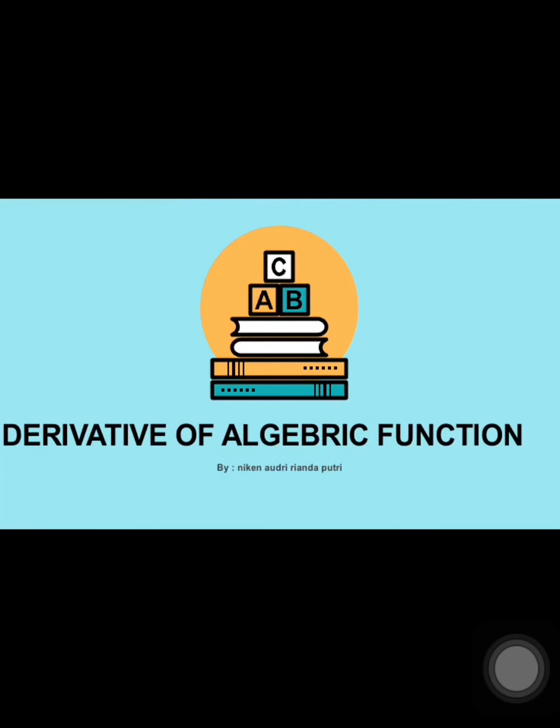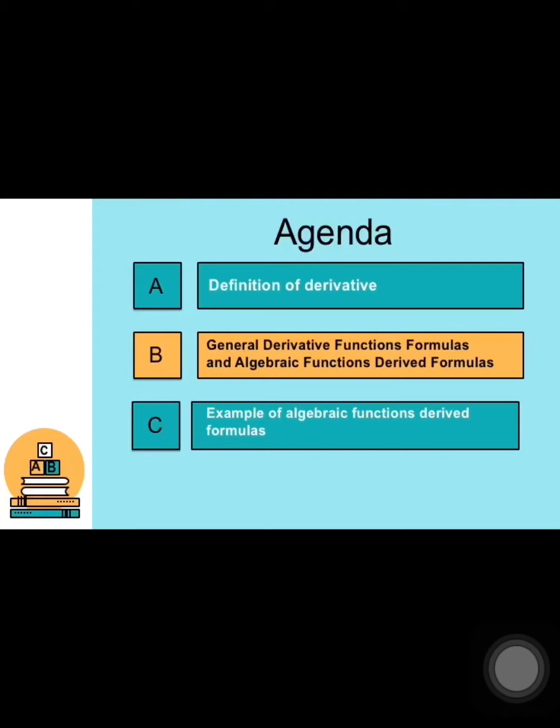I divide this topic into 3 subtopics to make it easier for us to discuss it. The first topic is definition of derivative. What is derivative? Of course, this becomes the most important thing in this topic before we discuss further. The second one is general derivative function formulas and algebraic function derived formulas.